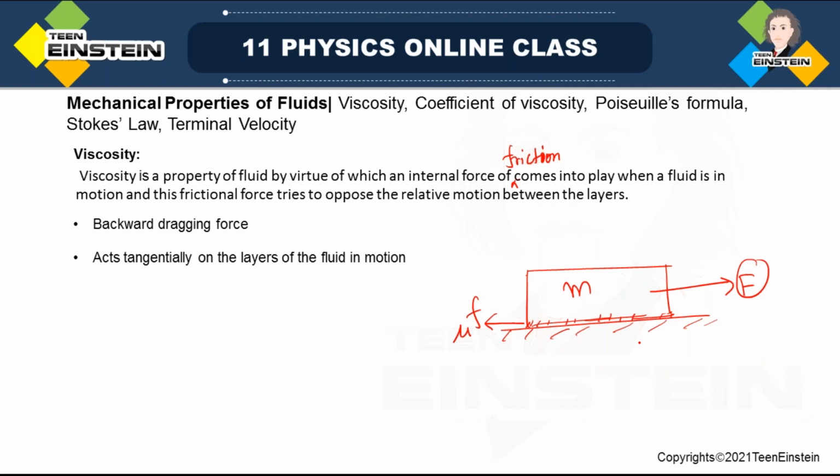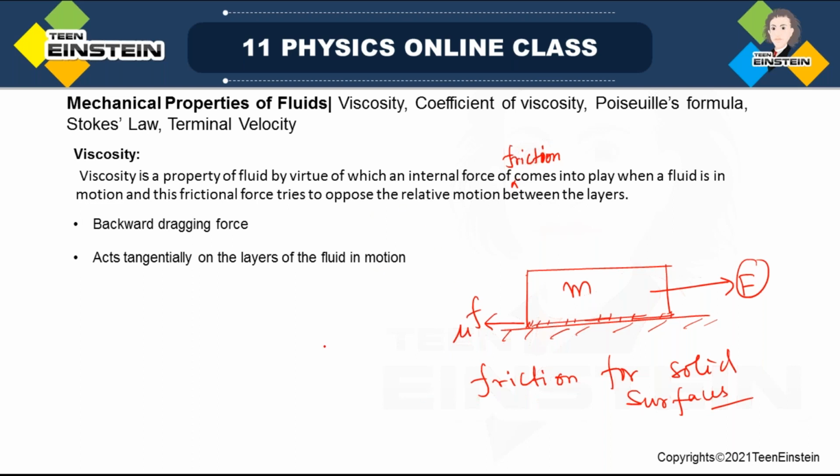This is in case of solid. The floor is a solid, and the block of mass m is also a solid. So we have already learned friction for solid surfaces.